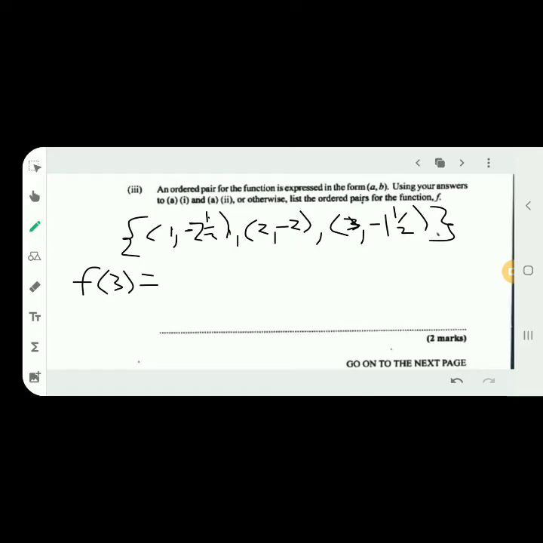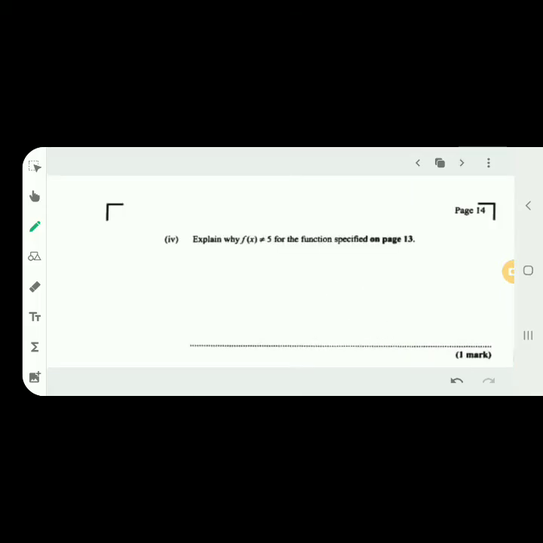So if we find f of 3, that's a half of 3 minus 3. A half of 3 is 1.5, minus 3, and that's how we would get negative 1.5. That question was May 2018. Here is the final one.